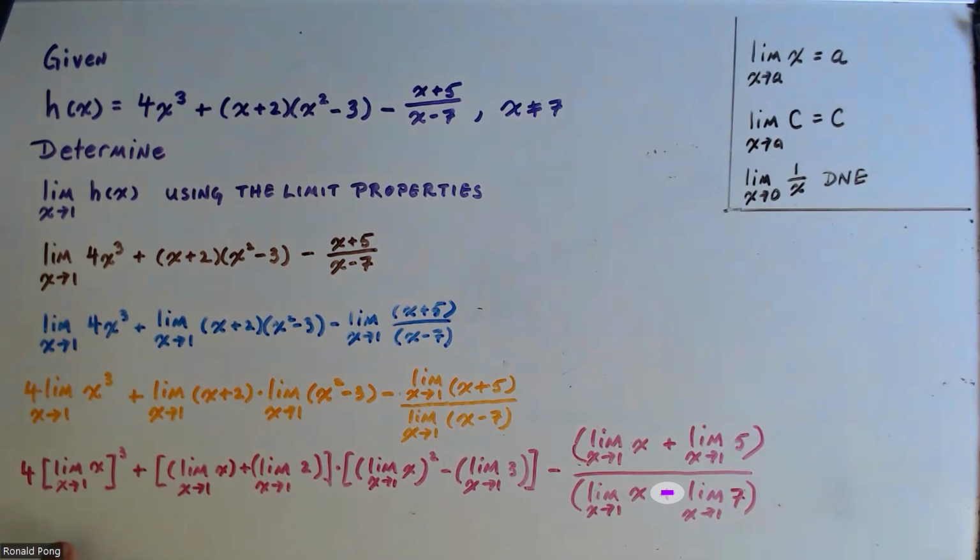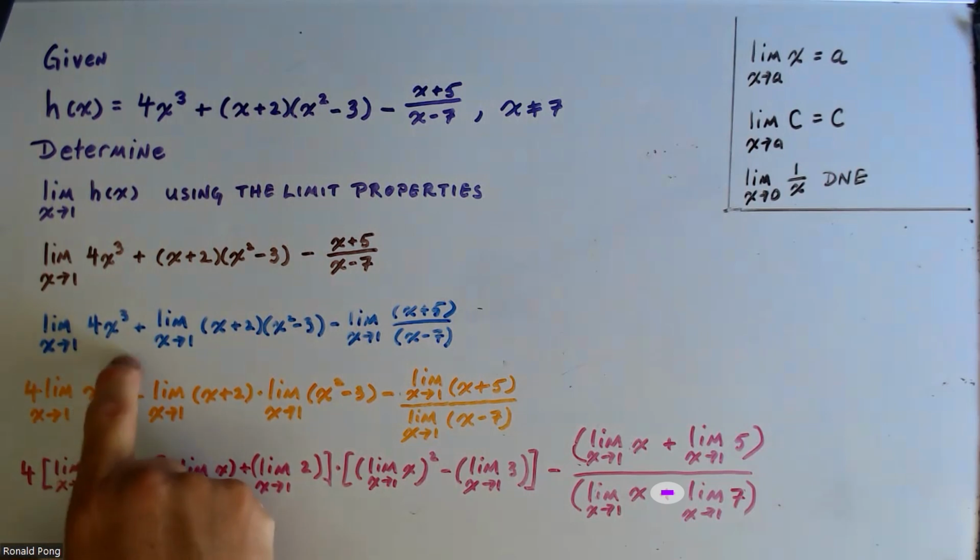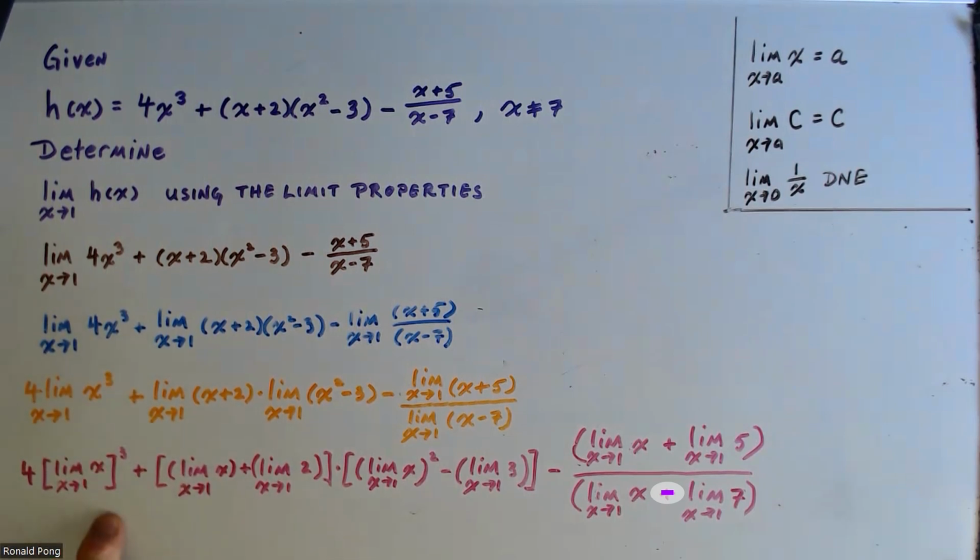What I did in the next step is to apply the limit property that says that the limit of, in this case, x cubed can be written as just the limit of x, the whole thing cubed. I used the limit sum and difference properties here to write the limit as x approaches 1 of x plus 2 as the limit of x plus the limit of 2.